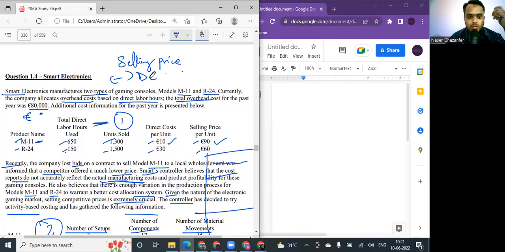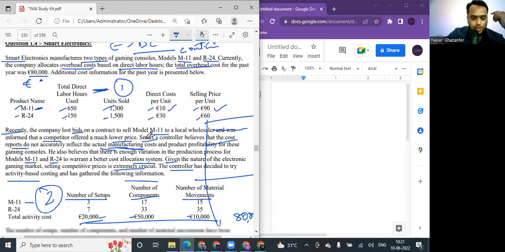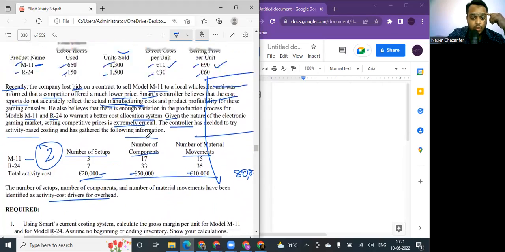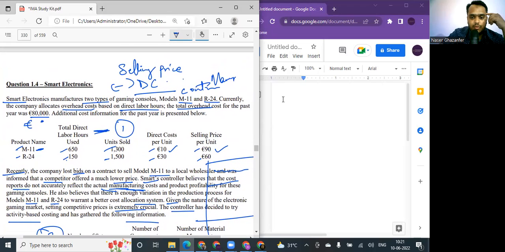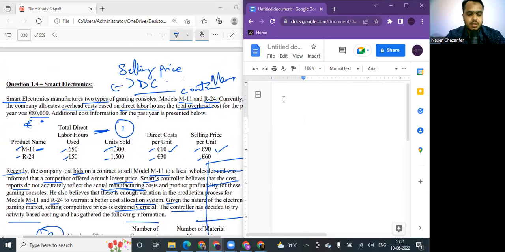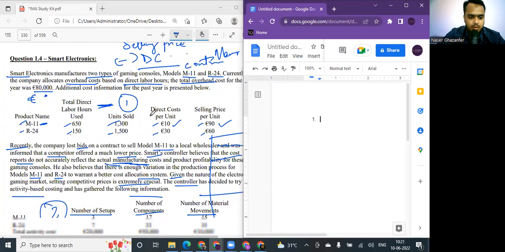Minus the direct cost, we'll get our contribution, or you can say our contribution margin. That's what is required, right? Gross margin is required. Let us see how I would answer it in the main examination. I'll put down 1.0 here and look at the question again.